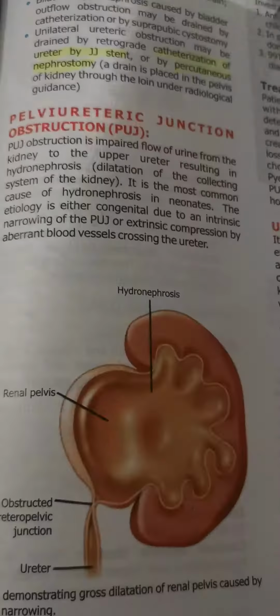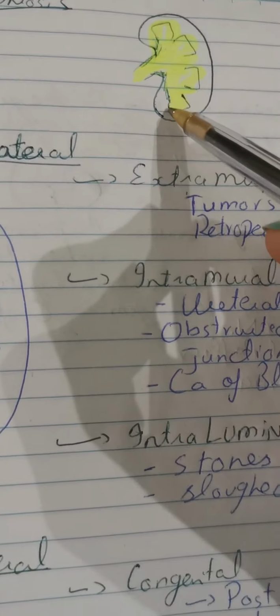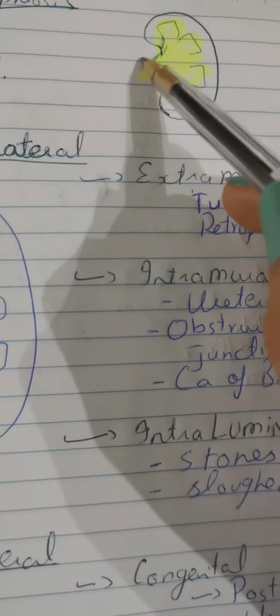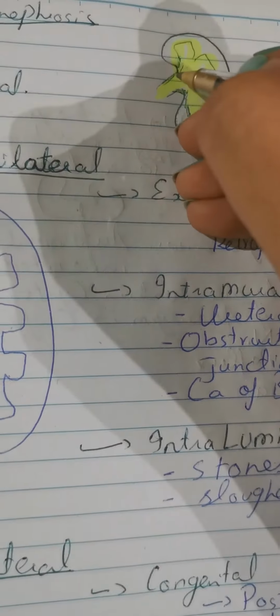So again, hydronephrosis is the unusual dilation of the renal pelvis and the calyces. This is a normal calyx and this is a normal pelvis, right?